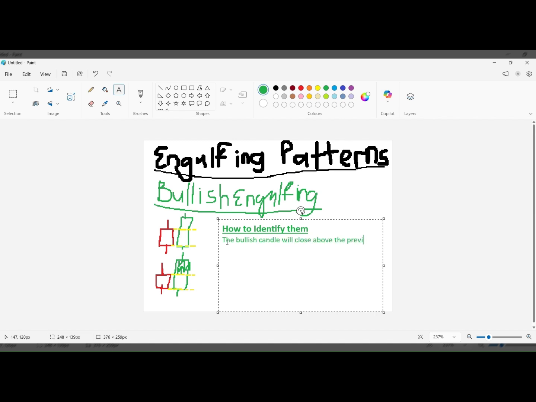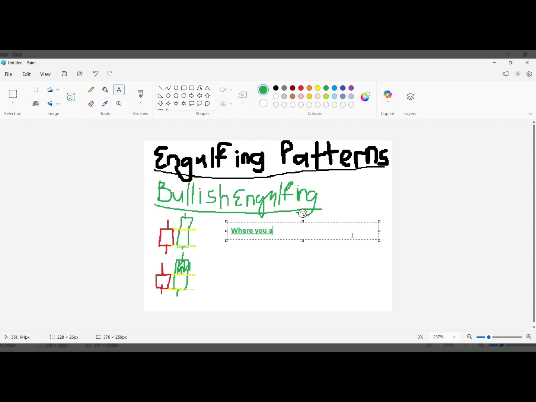If you can identify that this candle closed above the previous bearish candle's open, then this might indicate it. It requires two candles going in different directions. In a bullish engulfing, it first goes down, and then a candle goes up which engulfs the first candle.